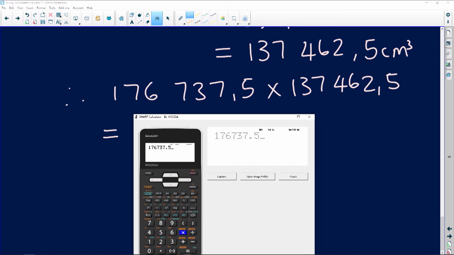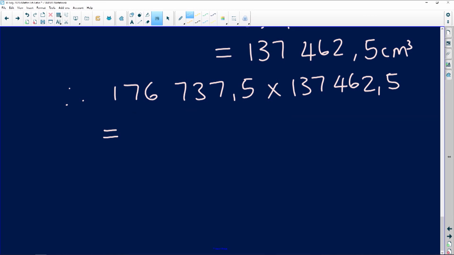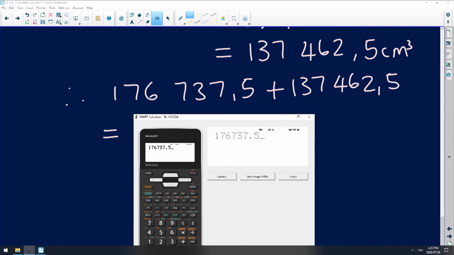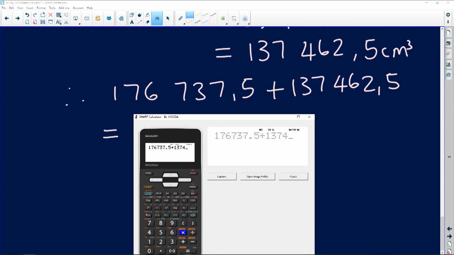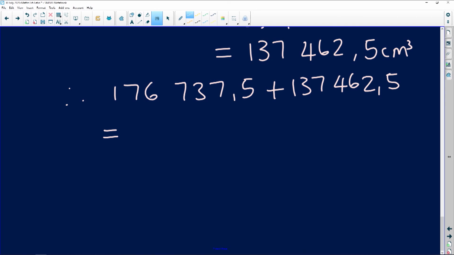Oh, sorry. Look at this mistake that I'm about to rectify. I said multiply. You add them together. I would have gotten a number that's bigger than anything. So we add those two together, plus 137,462.5. That gives us 314,200 cubic centimeters.